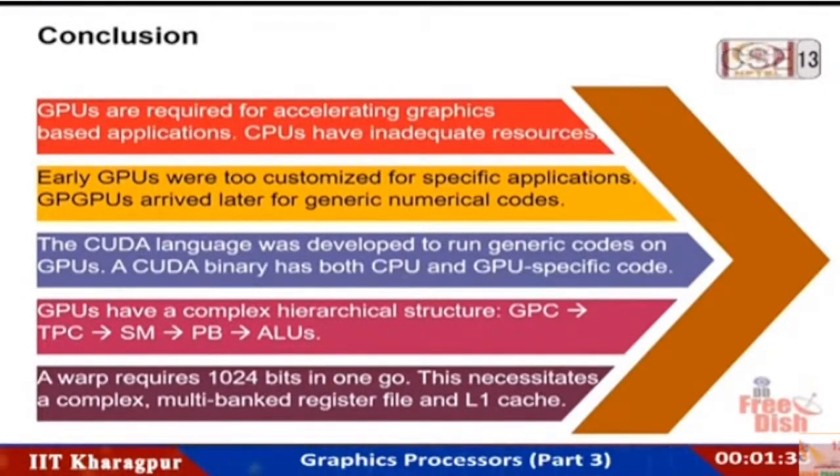Several teraflops of computational power is there within one single GPU. So here we have a GPC, then a TPC, SMs, and a bunch of other units. A warp requires 1024 bits in one go. This necessitates a complex multi-banked register file and a complex multi-banked L1 cache as well.